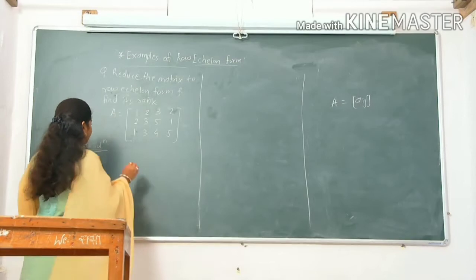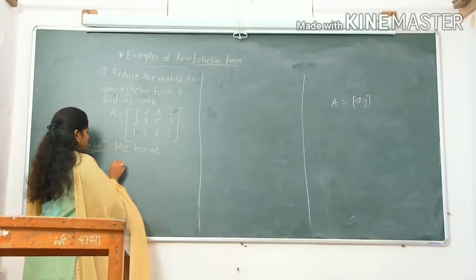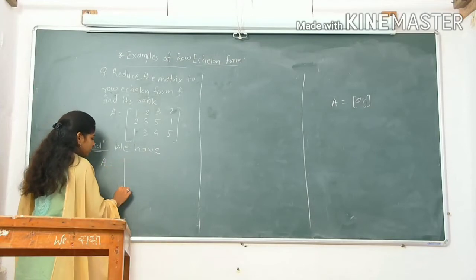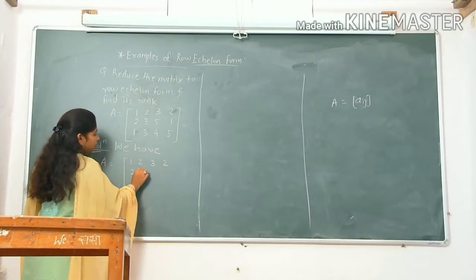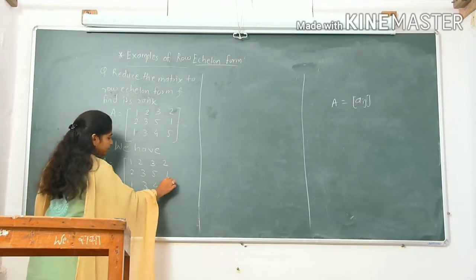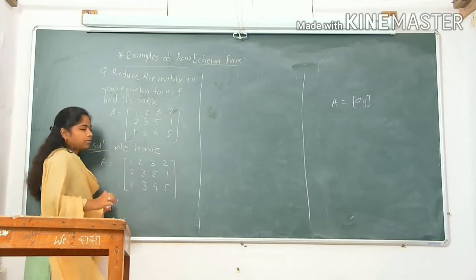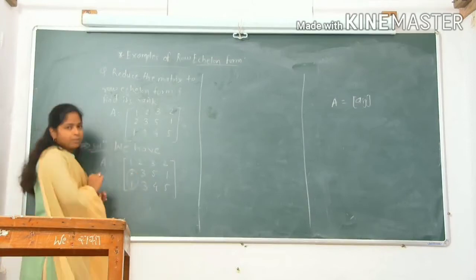Here we have A is equal to [1, 2, 3, 2; 2, 3, 5, 1; 1, 3, 4, 5]. We have to make these elements 0.